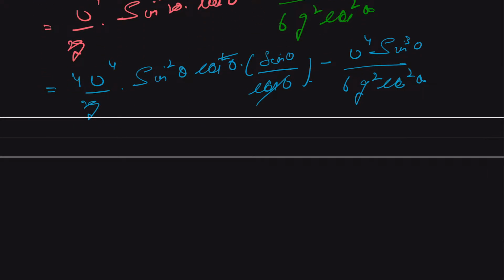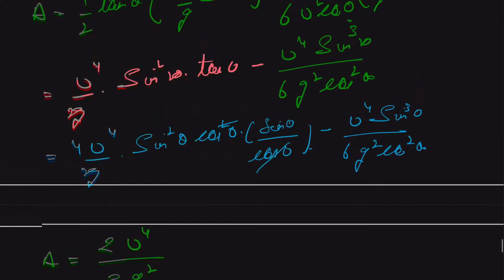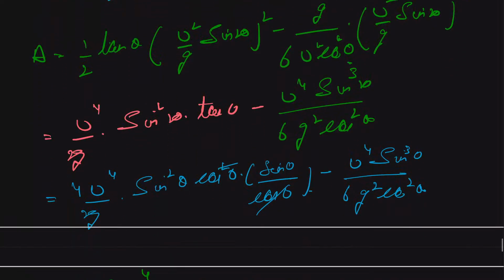We can take it as common, so ultimately we get our area A will be equal to 2v4 divided by 3g square, and this will be also square, otherwise I think the rest is okay.